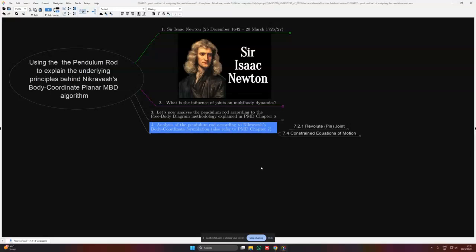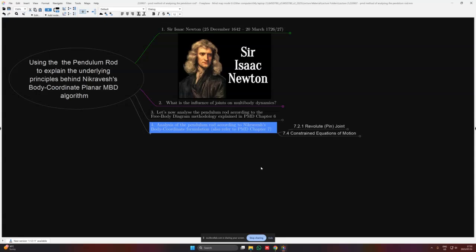Just to perhaps give you an explanation, the DAP-BC stands for Dynamic Analysis Program with Body Coordinate formulation, the BC referring to body coordinate. So all of the formulations that we're going to look at now in section 4, if you want to look at it in the PMD textbook, will be in chapter 7.